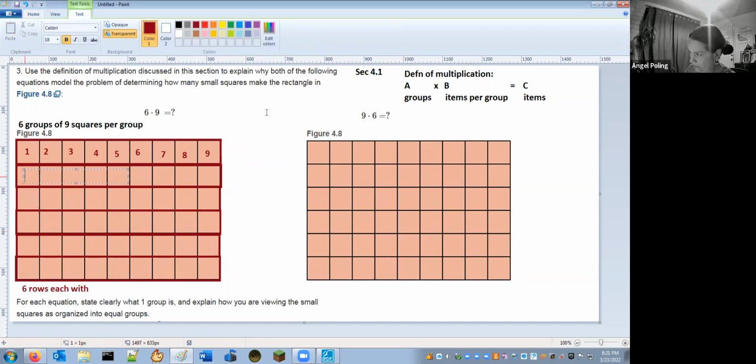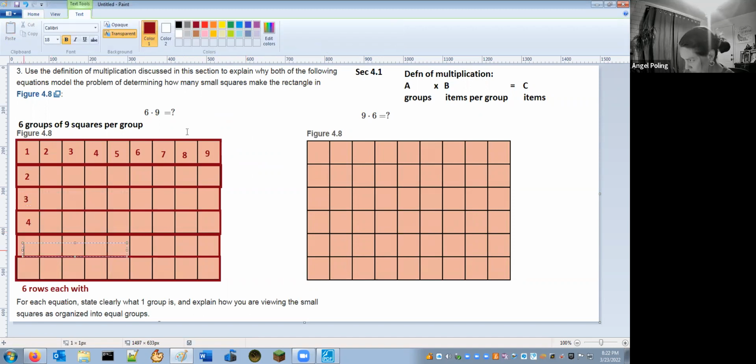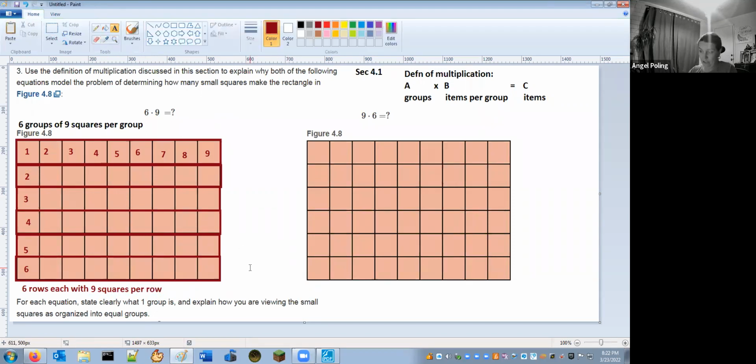And we can show our row count since we're labeling. Okay, so 6 rows, each with 9 squares per row. And then that same image, right, because we just copy and pasted it, is 9 groups. Let's take our black.